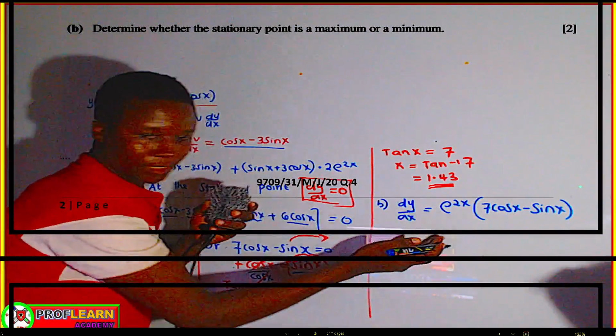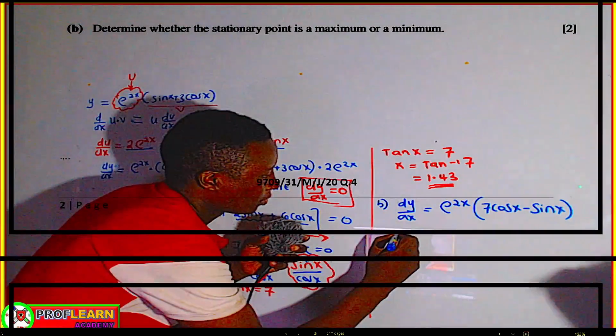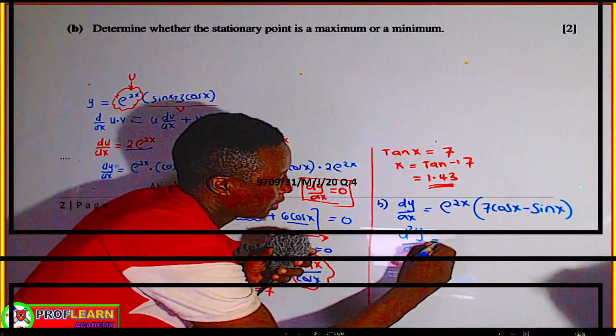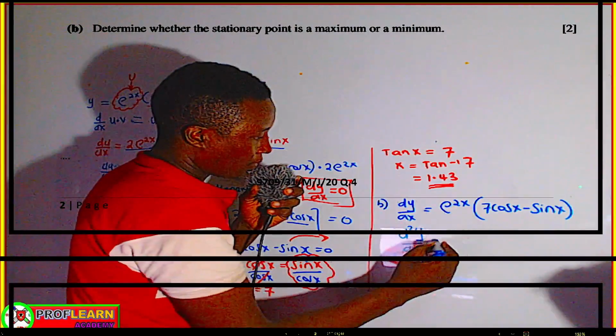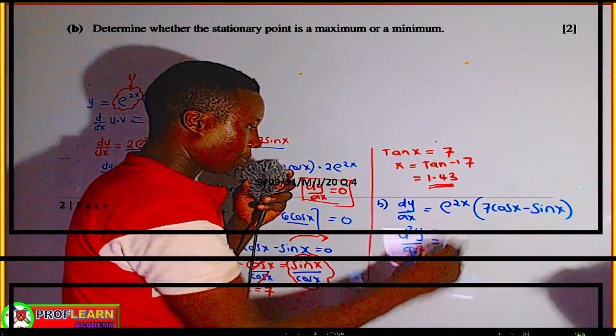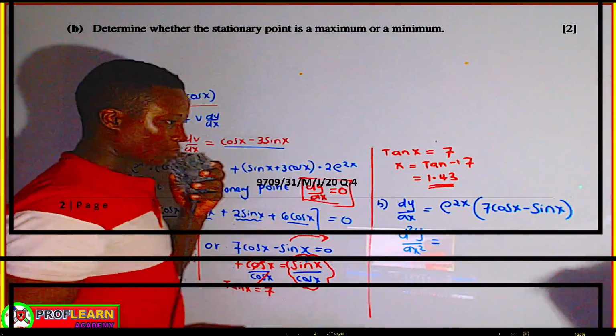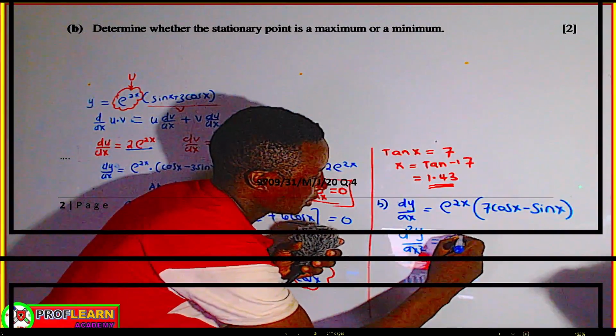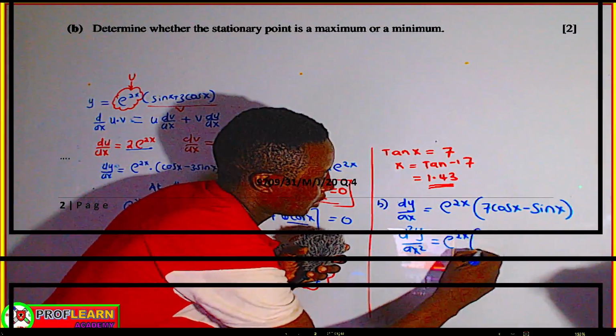So if you differentiate this for the second time, d²y/dx² is going to be equal to, we are going to apply again the product rule, in order to differentiate this. So we can decide to keep the first one, e^(2x), constant and then differentiate this part.